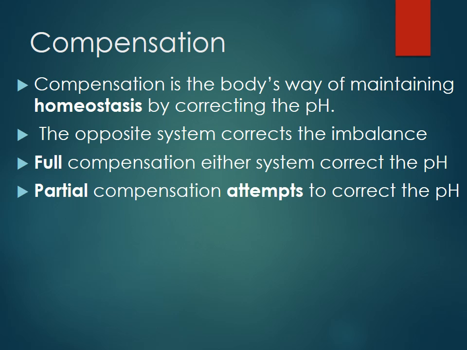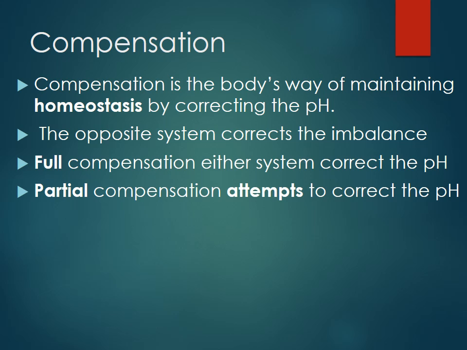So hear me out. If the respiration results in an increase in CO2, an increase in carbon dioxide, and a decrease in pH, that's the classic definition of respiratory acidosis.